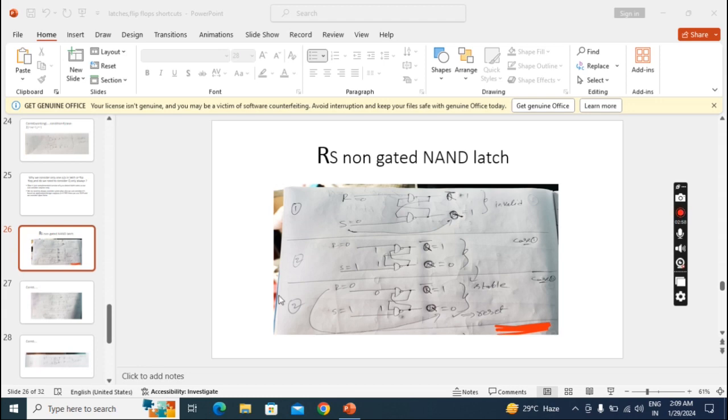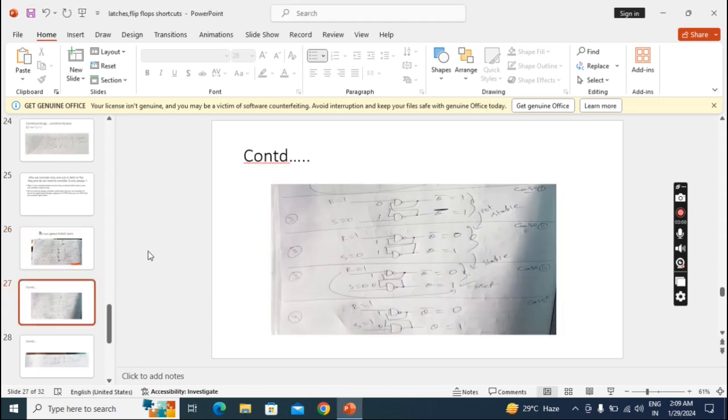Okay, right. Next condition, third condition, when R equal to 1, S equal to 0. Here I have taken three cases to know the stable output. So here also you can observe, whenever S equal to 0, R equal to 1, we are getting set. In SR also we get set, no?